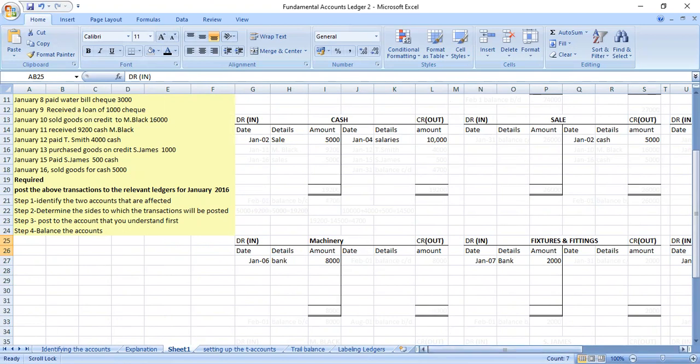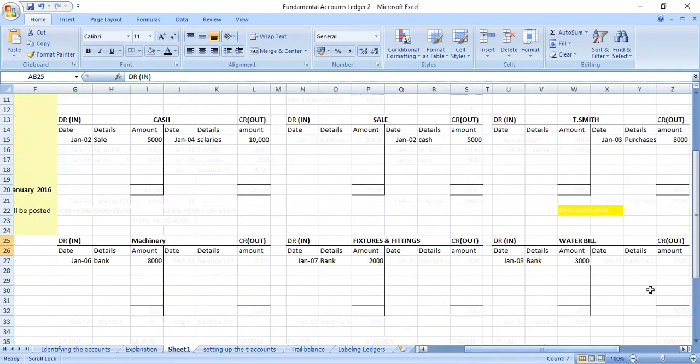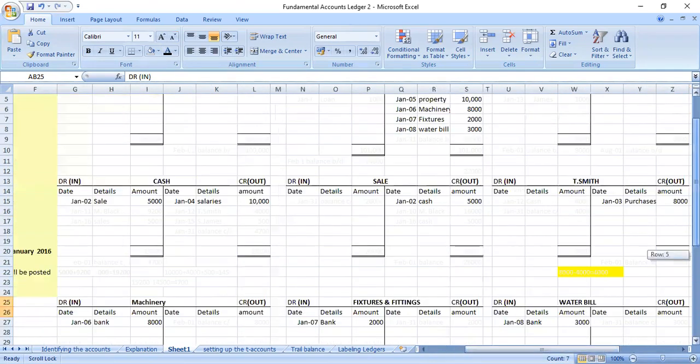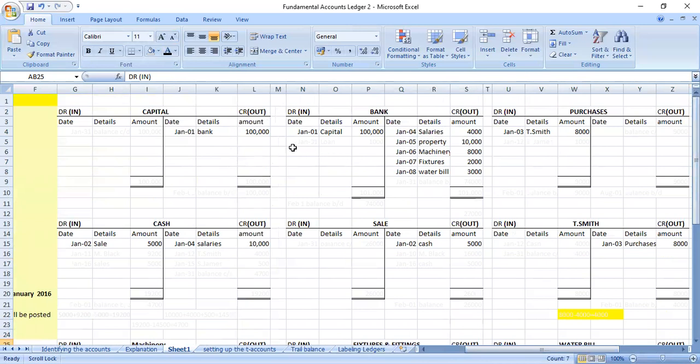And so we're going to show that on January 9, we received a loan of $1,000. The loan is going into the bank account because we want to use the loan to do our business transactions. So on January 9, the loan came in and it is $1,000.